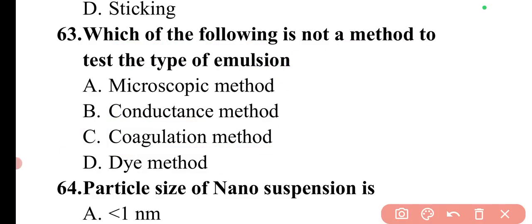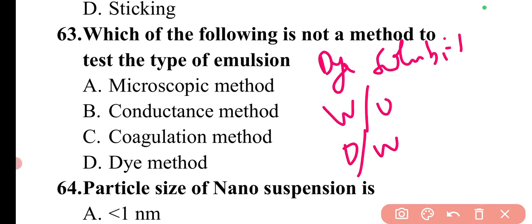So we can see what different types of tests there are. There is one dye solubility test. The dye solubility test is basically used to identify whether it is a water in oil or oil in water type emulsion.